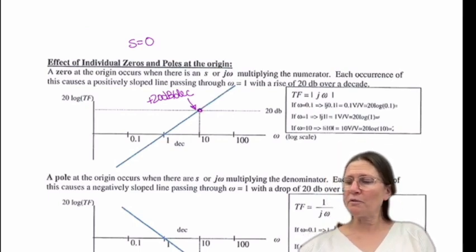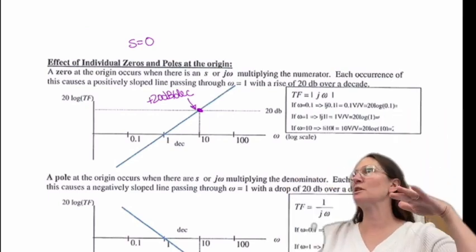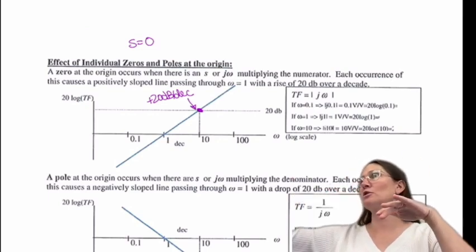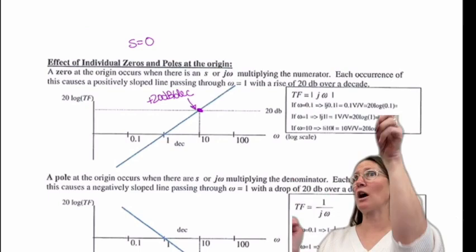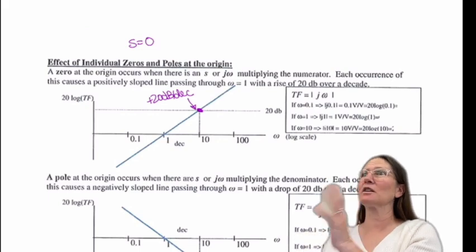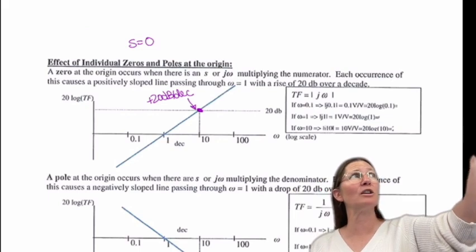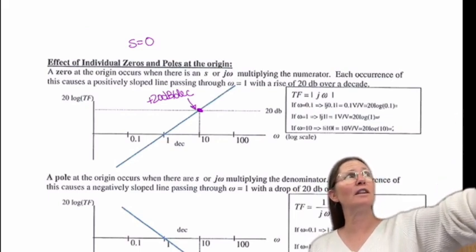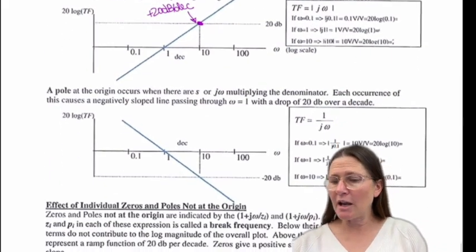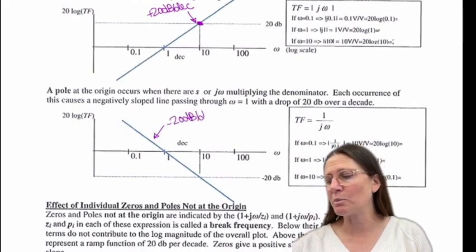So if you can find one value on that graph, you know that it has a 20 dB per decade slope through it, and that's how you're going to calculate that: you find that one value. So we do have to take the magnitude of everything in there, put omega equal to some specific omega value, find that value, and then we can put the slope through it. For a pole at the origin, you're going to have a minus 20 dB per decade slope.